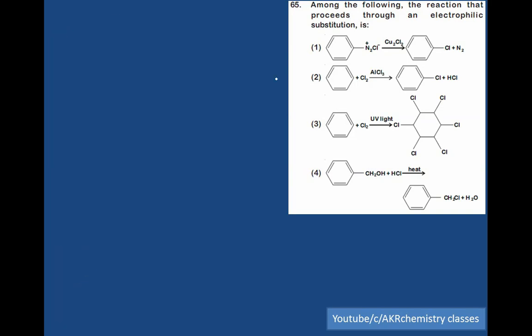Among the following reactions, which reaction proceeds through electrophilic substitution reaction? When benzene diazonium chloride is heated in presence of copper chloride, which acts as a catalyst, it undergoes decomposition reaction to form chlorobenzene with the liberation of nitrogen.